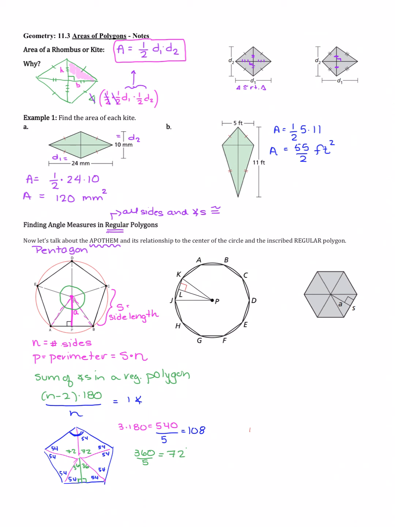Now this next shape, let me see. Oh, 11 sides. Well, isn't that fun? Okay, so if I have 11 sides, I'm going to need a calculator. Let's find some of these angle measures. So first off, 11 sides means that the sum of the angles will be 9 times 180, which is 1620.